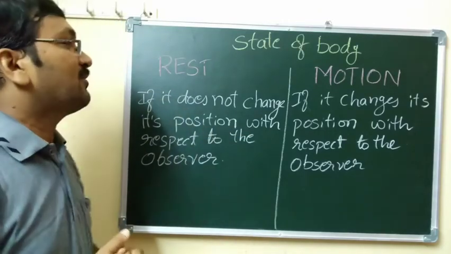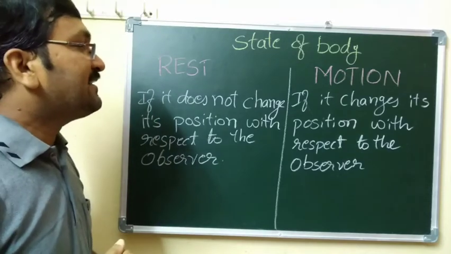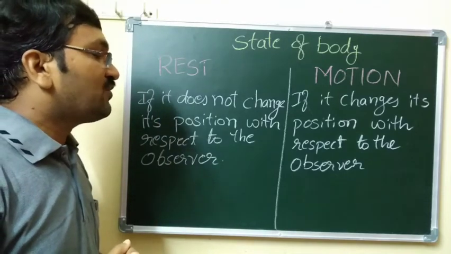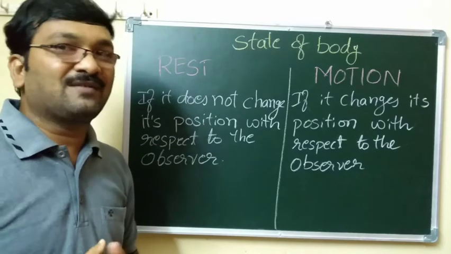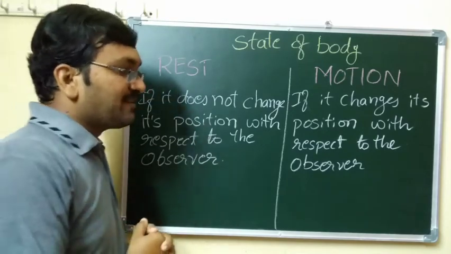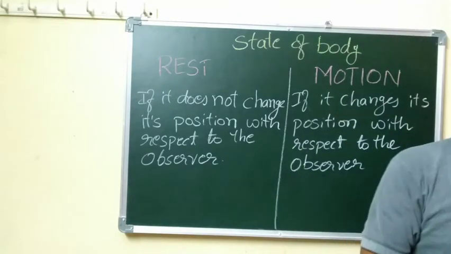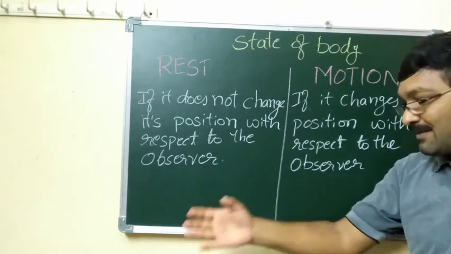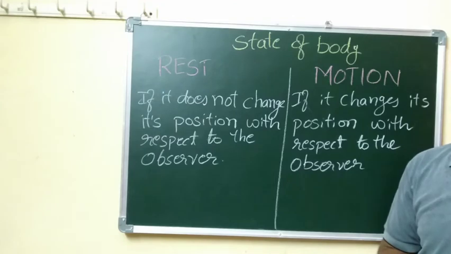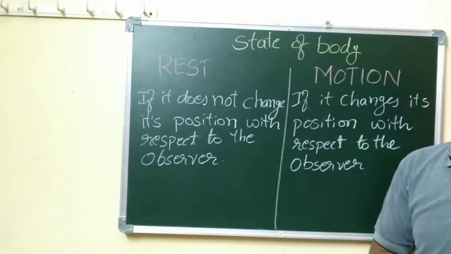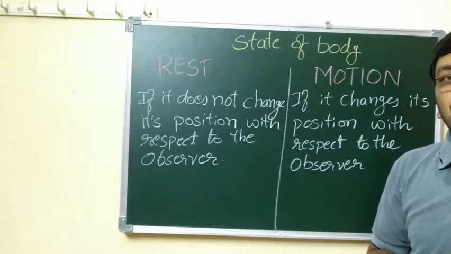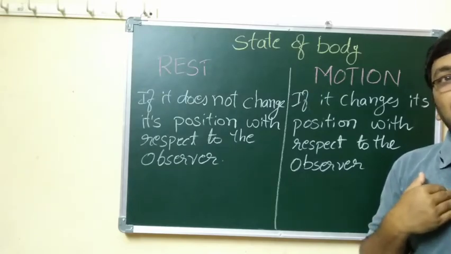Yes. Next, motion: if it changes its position with respect to the observer. Now you are the observer. So now what am I doing? Suppose I am moving like this, from that place to this place. Displacement has taken place. Now what you observe is that, according to you, I am moving.